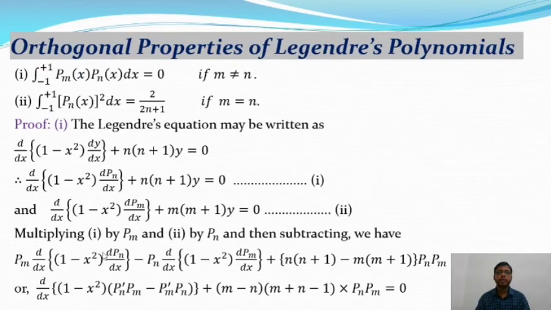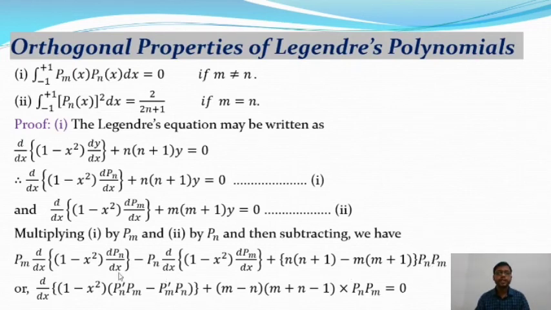Now multiplying equation 1 by Pm and equation 2 by Pn, and then subtracting, we have Pm d/dx of (1 - x²) dPn/dx minus Pn d/dx of (1 - x²) dPm/dx plus [n(n+1) - m(m+1)] Pn Pm equals 0.